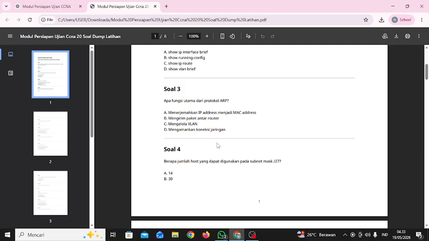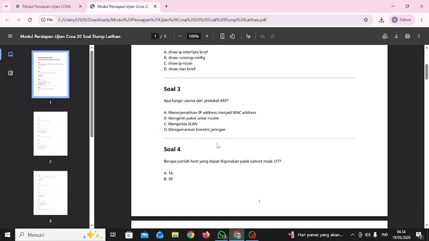And then the explanation: ARP stands for Address Resolution Protocol. Its main job is to find the MAC address associated with an IP address in a local network. For example, if PC1 wants to send data to 192.168.1.10, it first needs to know the MAC address of the device.